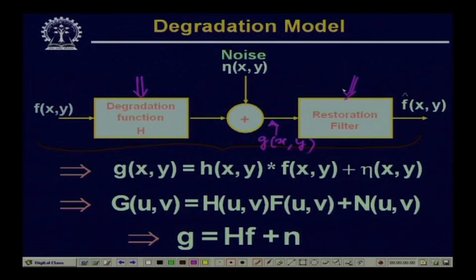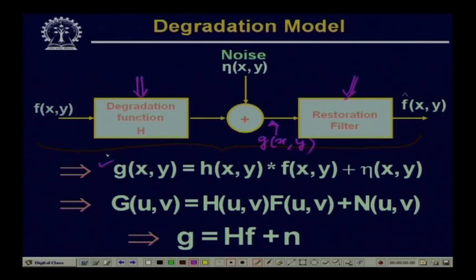Now, in our last class, based on this model, we said that the mathematical expression of this degradation operation can be written in one of three forms. The first one is given by g(x, y) equal to h(x, y) convolved with f(x, y) plus eta(x, y), which is the random noise.